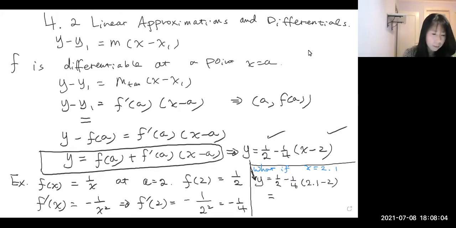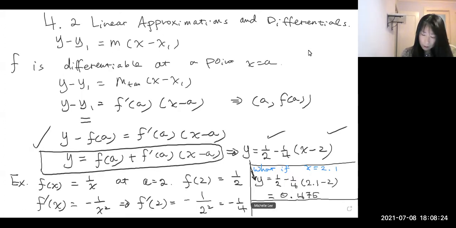It's 0.475. Okay. So this one we are using basically the equation of a tangent line, right? This is where it comes from, right? But then how about f of 2.1? So in this case, f of x equal to 1 over x. So we do 1 over 2.1. So what do you get?